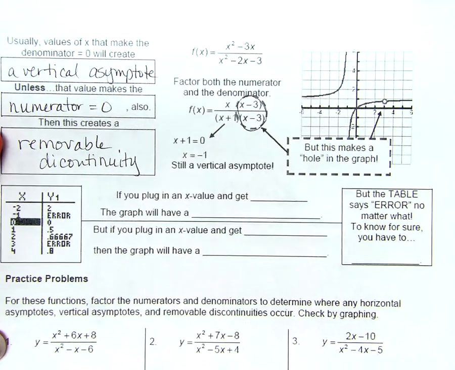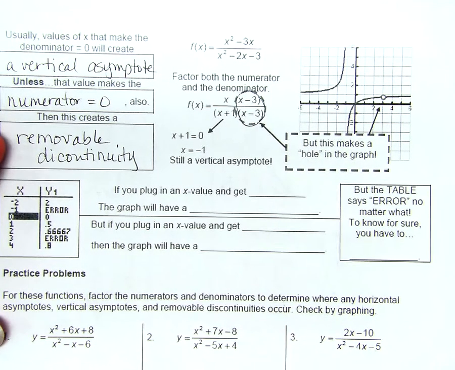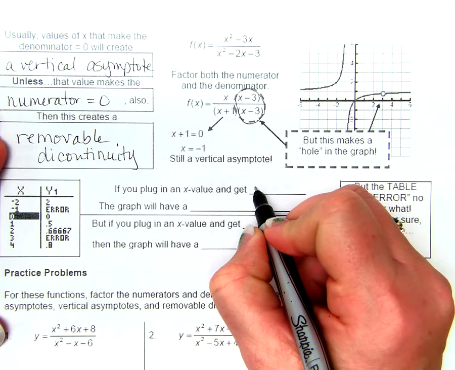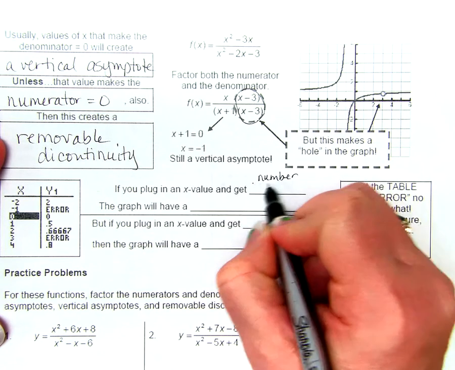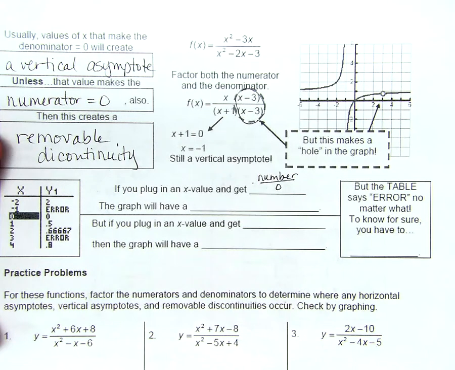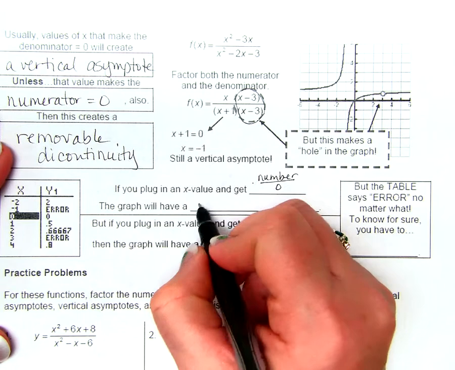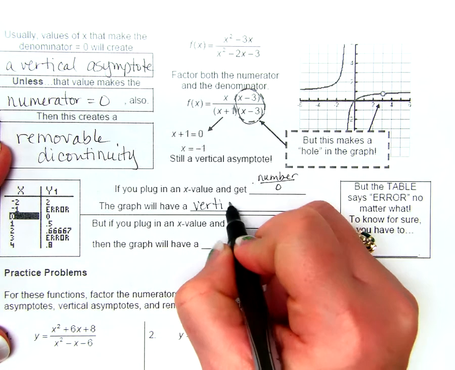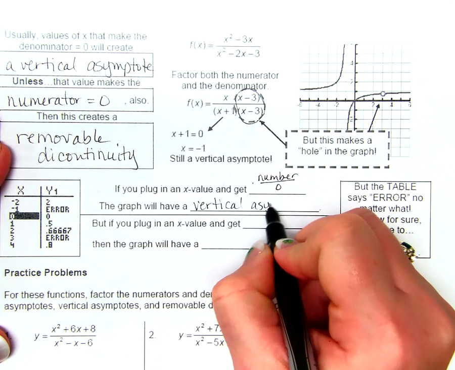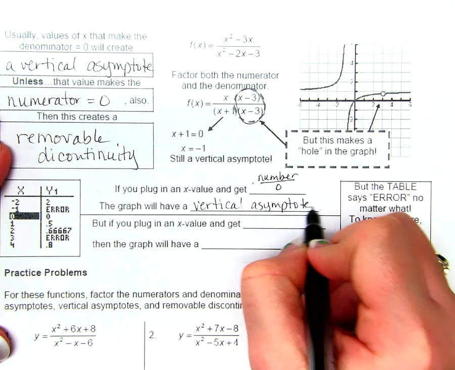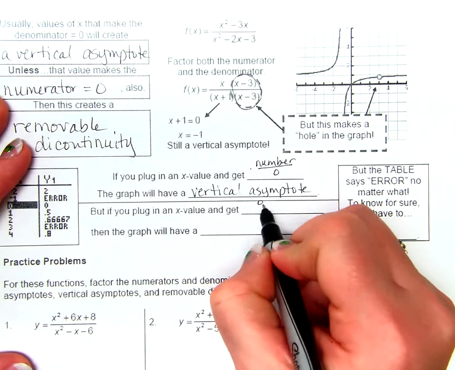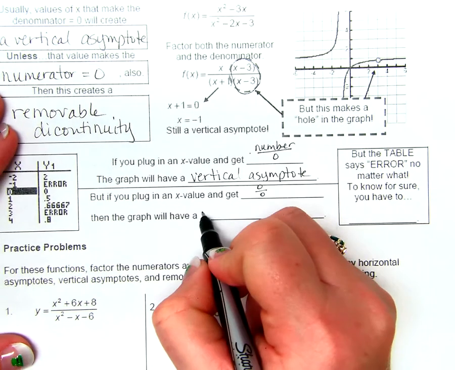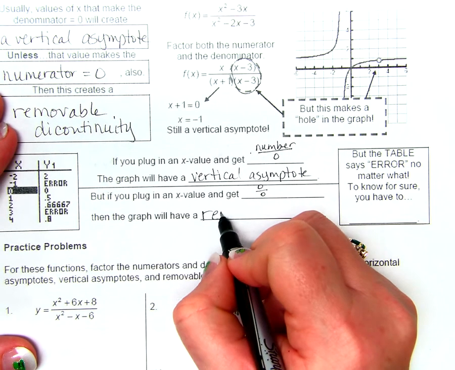So here's some rules for you. If you plug in an x value and get a number divided by 0, then your graph will have a vertical asymptote. Okay? But if you plug in an x value and get 0 divided by 0, your graph is going to have a removable discontinuity.